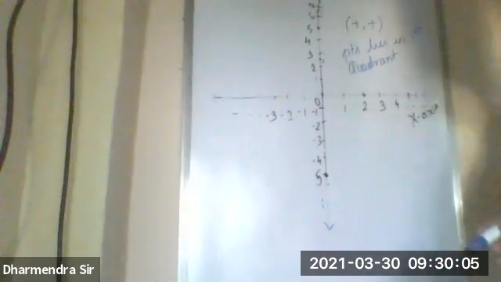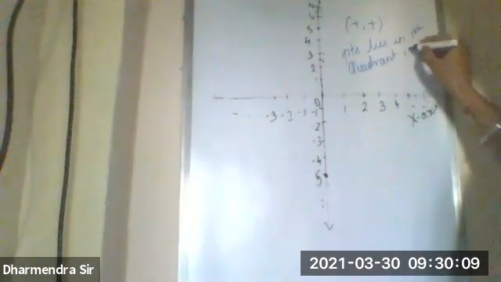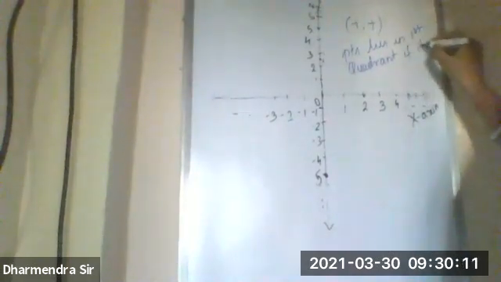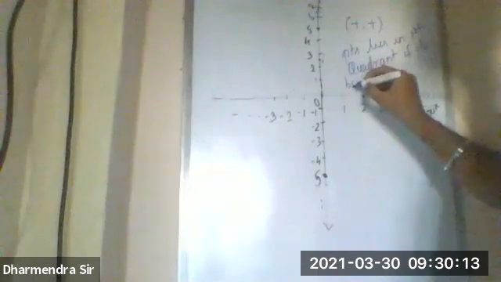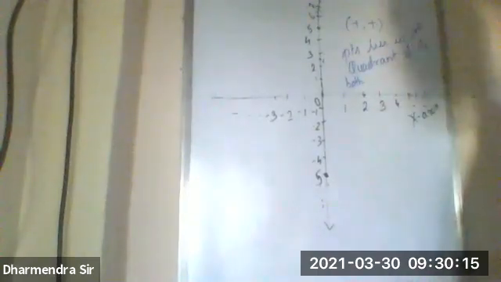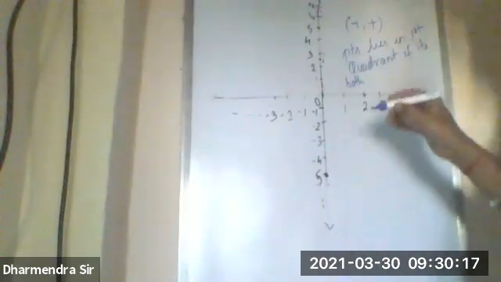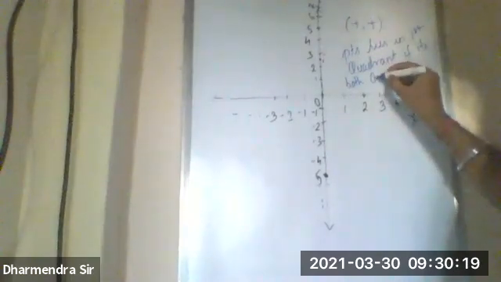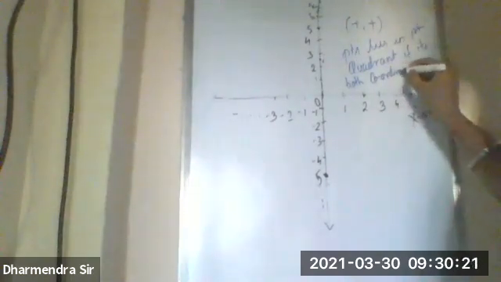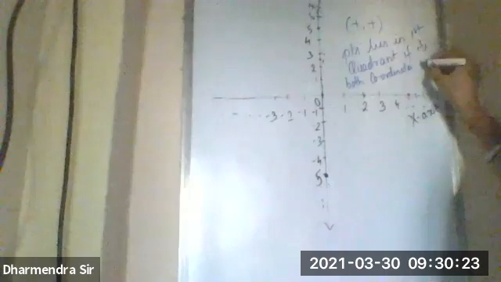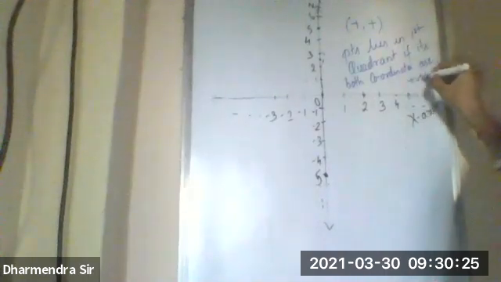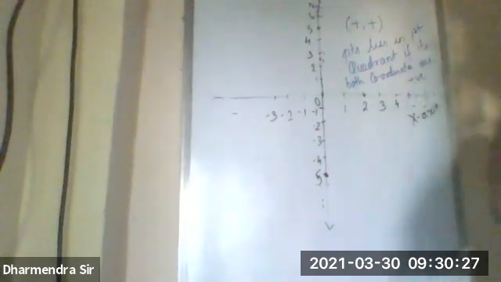Points lie in the first quadrant if both coordinates are positive. This is the solution for the first part.